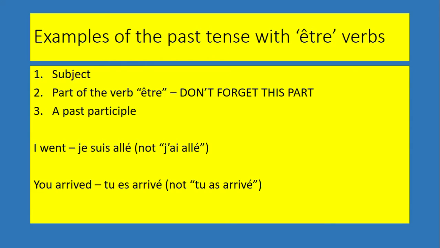So it's a bit confusing when you translate it, because tu es arrivé can be translated two ways. It can mean you arrived and you have arrived.